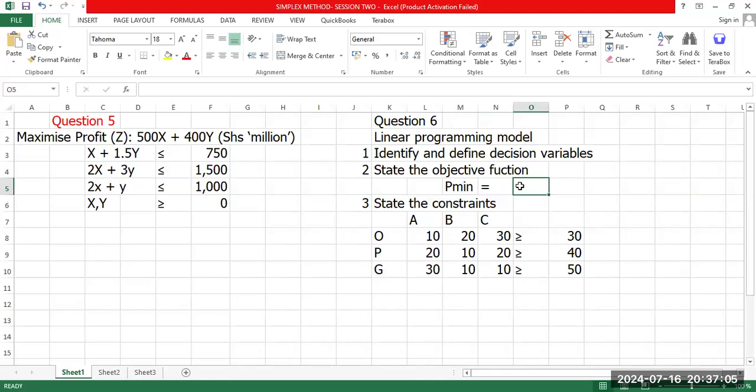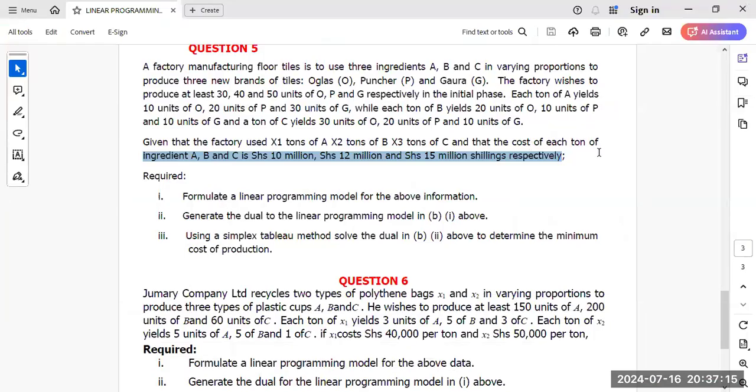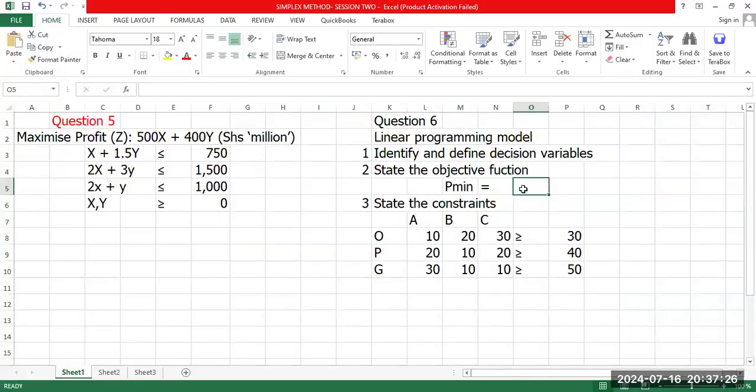And the first one is how much? Every ton of A costs 10 million. Remember A is defined in terms of X1, so I can say 10 X1.